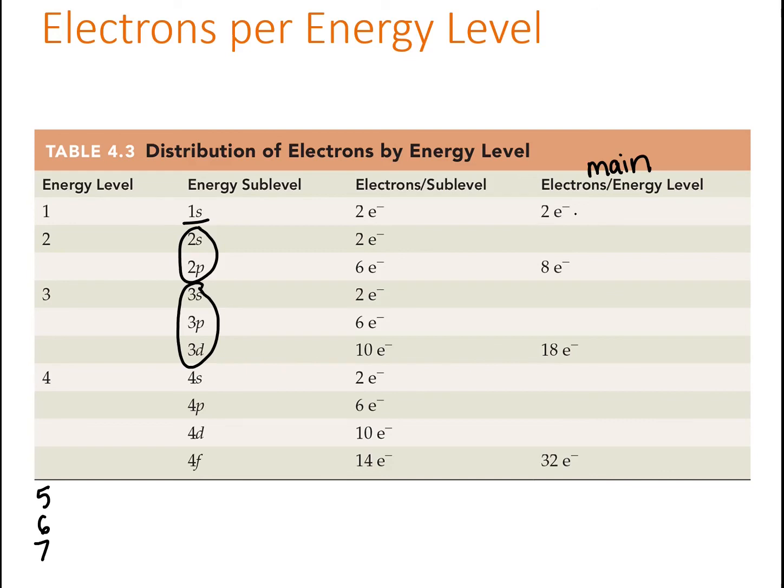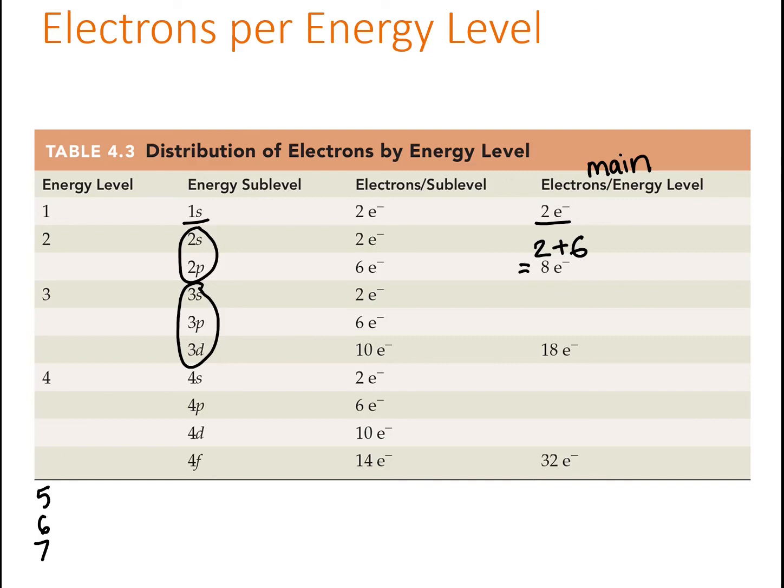So energy level 1, you can only hold 2 electrons, and they're in the 1s. Energy level 2, well, you've got the 2s, which can hold 2 electrons, plus the 2p, which can hold a total of 6 electrons. That gives you a total of 8 electrons that you can add before you have to move up to the next energy level.